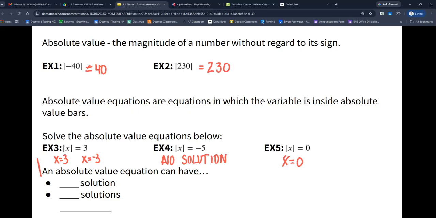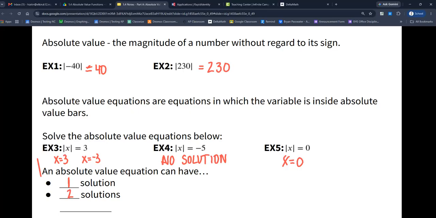So when we're solving absolute value equations, you have 3 types of solutions you can get. You can get one solution. That's going to happen whenever your absolute value bars are equal to 0. Okay? You can get 2 solutions. That is going to happen when your absolute value bars are equal to any positive number.